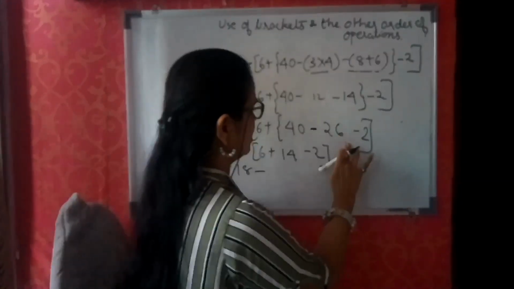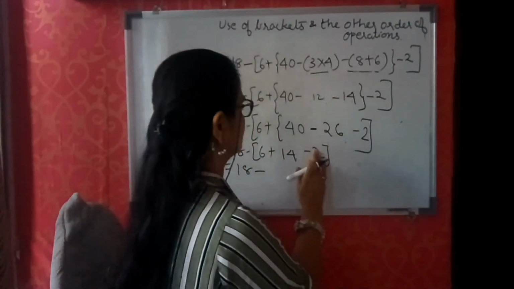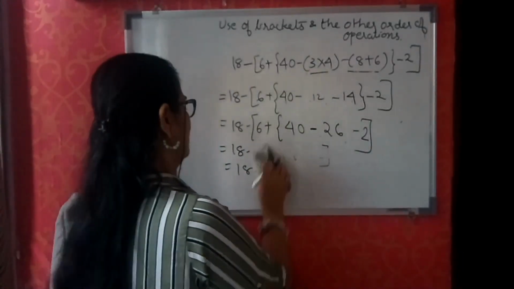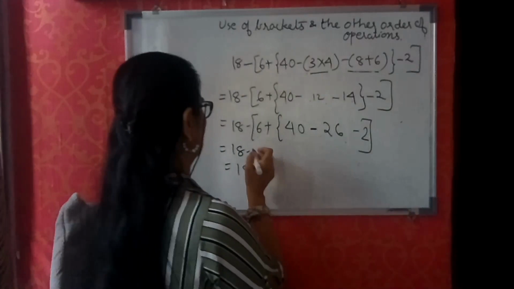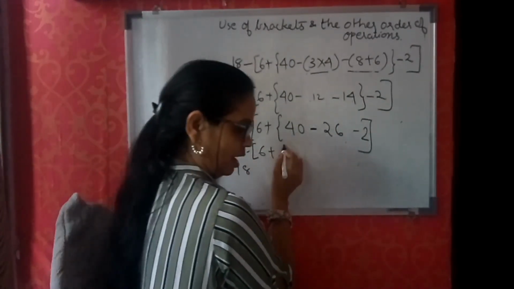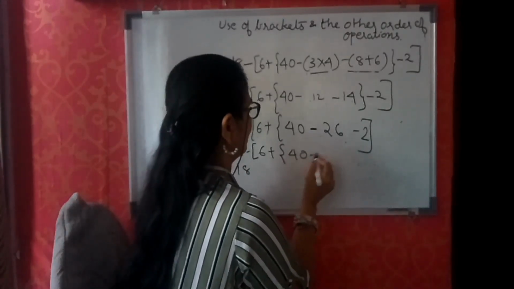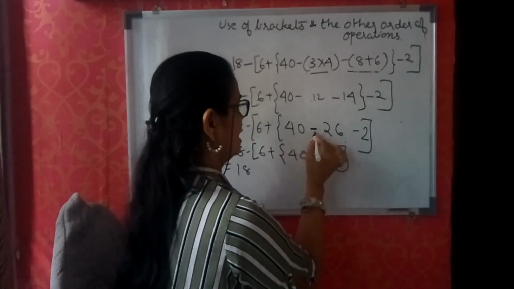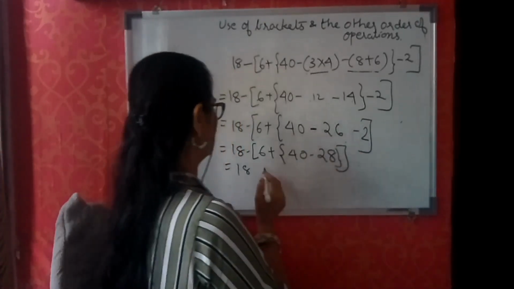Minus 26. When you add minus 26, it will be 6 plus 40 minus 28, because what we are doing? We are adding all negative numbers together.